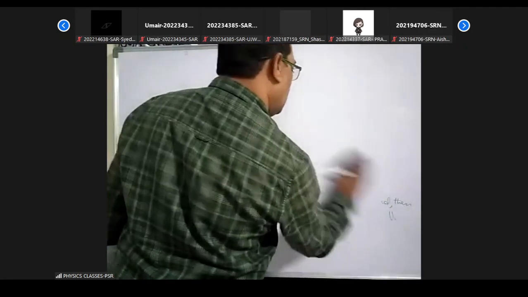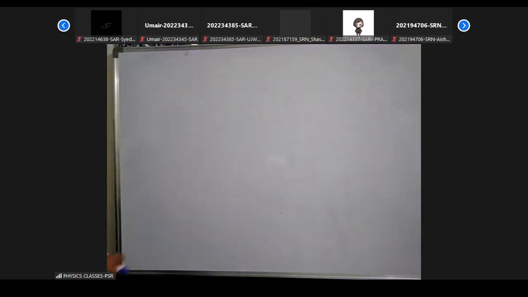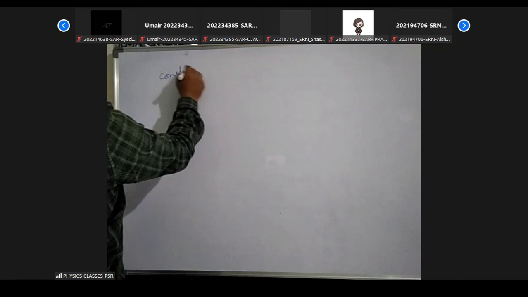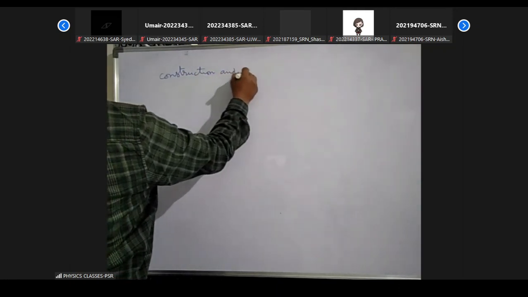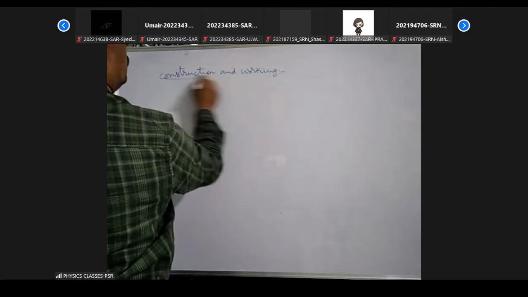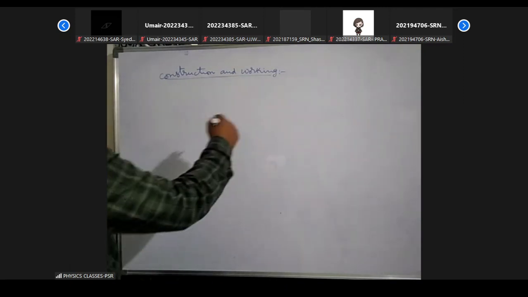So under laboratory conditions, the construction and working of the Van de Graaff generator is like this. Principle, theory, construction and working.